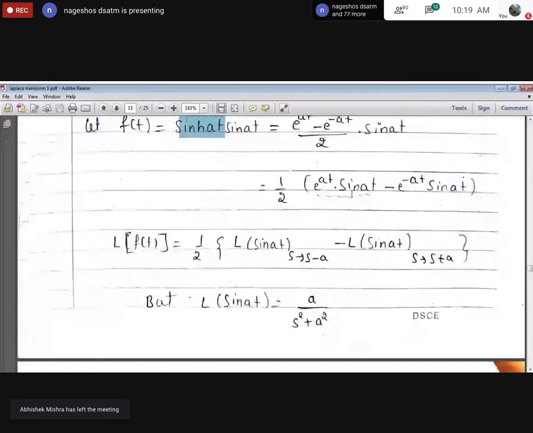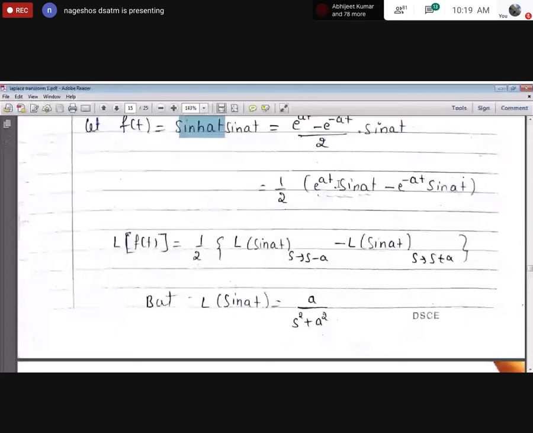First, we need to find Laplace transform of this. Laplace transform of sin at, s should be replaced by s minus a. Why? Because it is multiplied with e power at. Therefore, s should be replaced by s minus a.